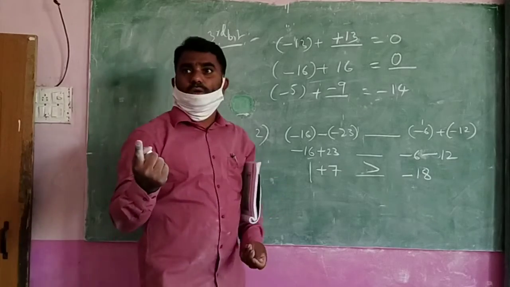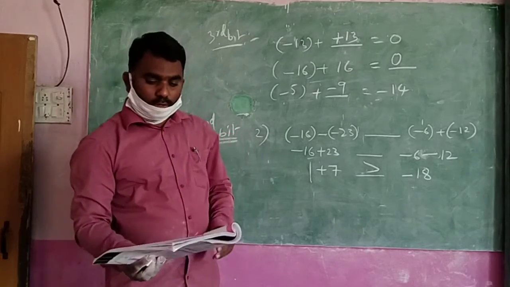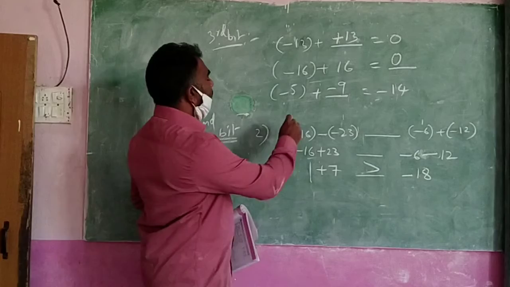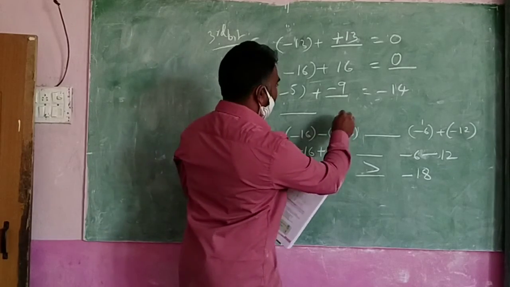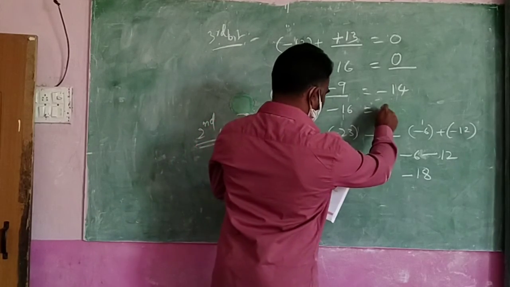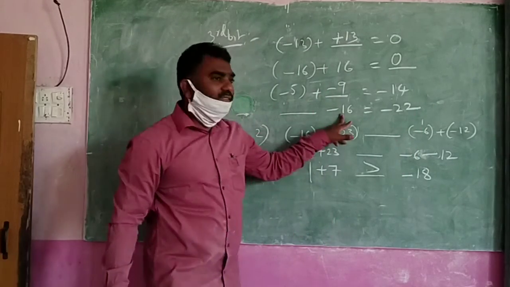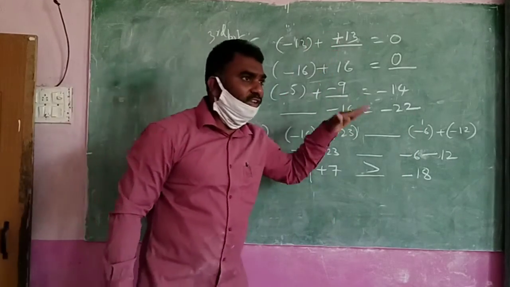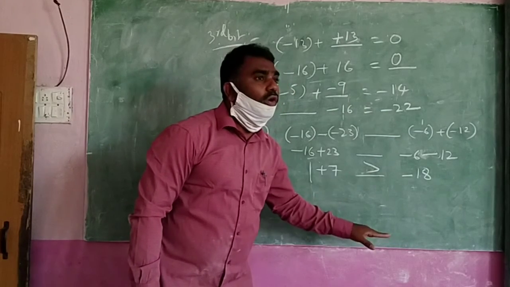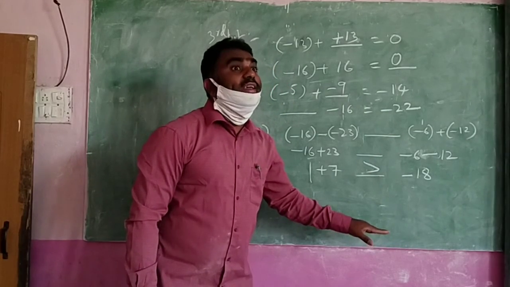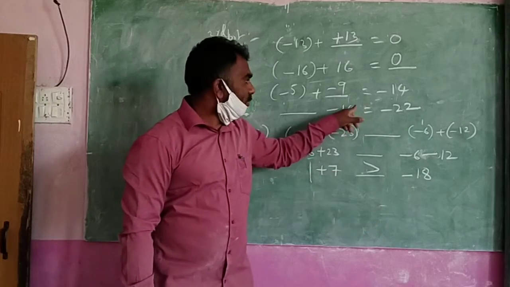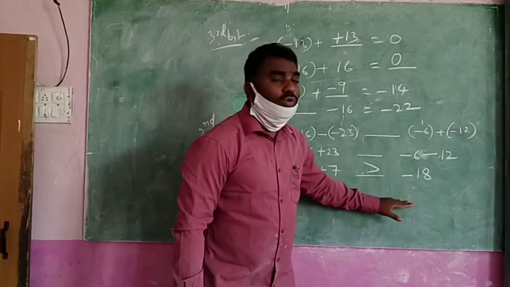Are you understanding or any doubt? Understanding. Last question. Dash minus 16 is equal to minus 22. So this is also like this only. Minus 16 means we are at minus 16. Where do you want to go? Minus 22.